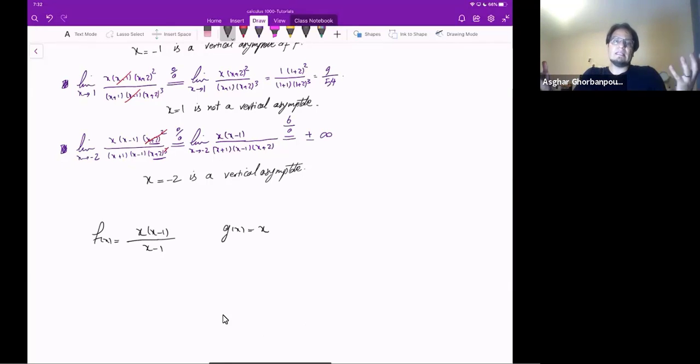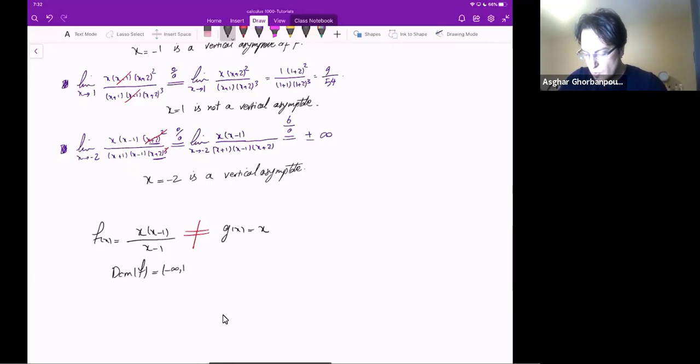You may say, okay, I didn't do anything, I canceled just x minus 1. But these 2 functions are not the same. Why? Obvious, because the domain of this function is everything but 1.